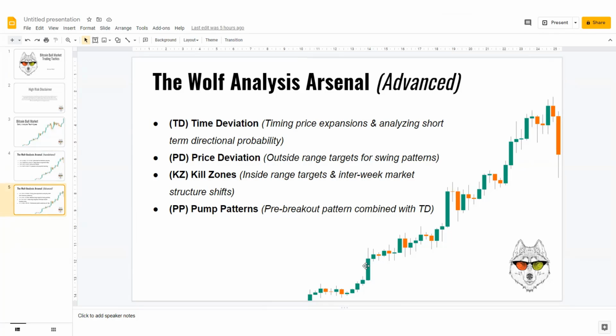We got one vote for kill zones. Two votes, it looks like kill zones is the point of interest for this group. All right, sounds good. I'll do that, and then I'll throw in one that's very simple to explain, but also very powerful on the price deviation.